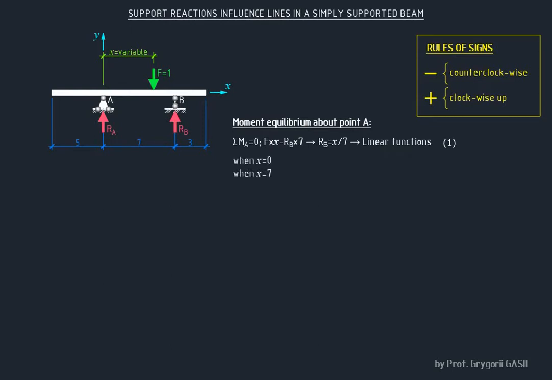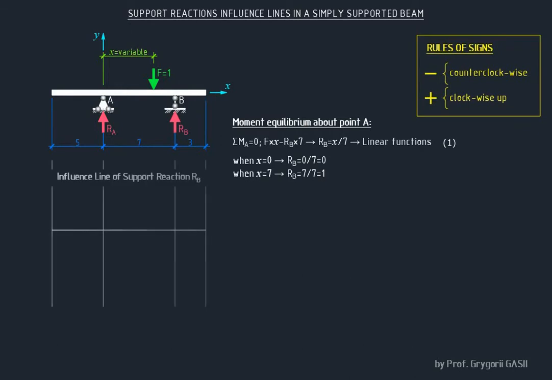It's convenient to take the variable x equal to 0 and 7. Substituting 0 and 7 into the equation instead of the variable x, we get that the support reaction RB is 0 and 1, respectively. Now, let's plot these 2 points on the diagram and plot the influence line.